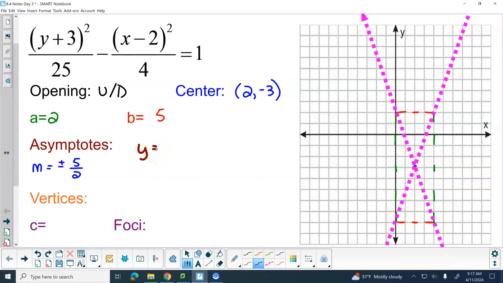So y equals 5/2x, that's minus 1, 2, 3, 4, 5, 6, 7, 8. I would concur with that one. The other one is y equals negative 5 over 2x plus 2. I would concur with plus 2.